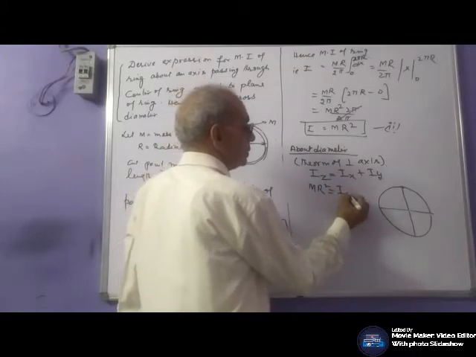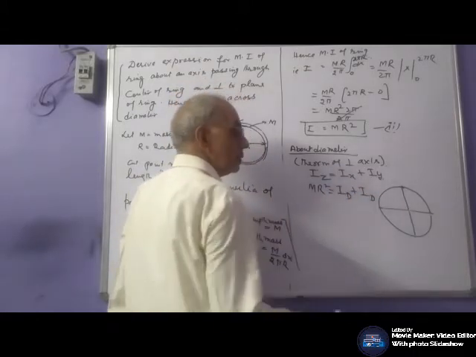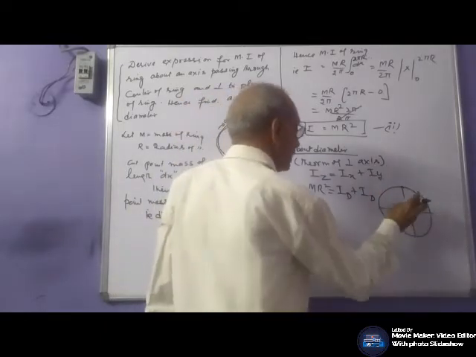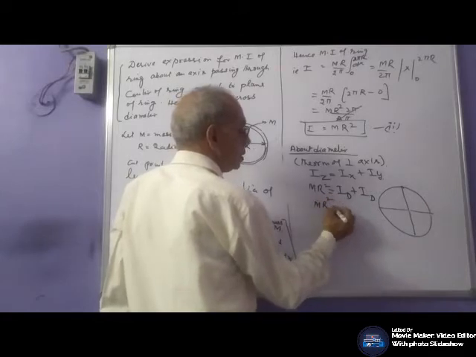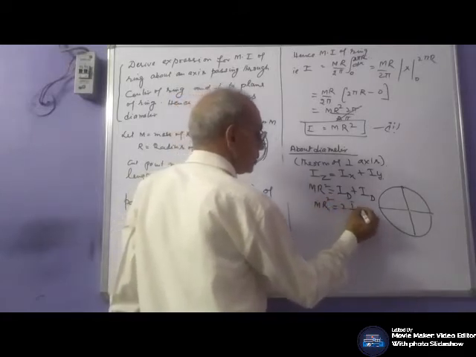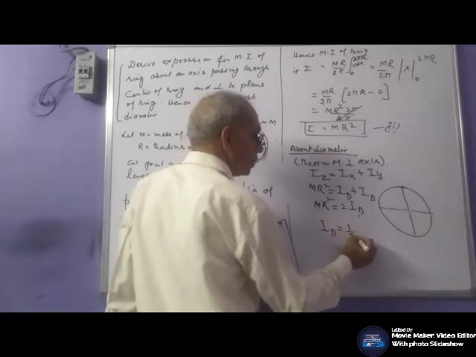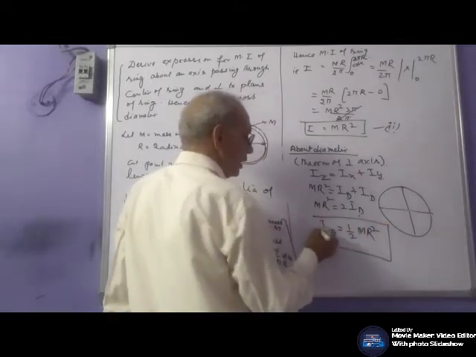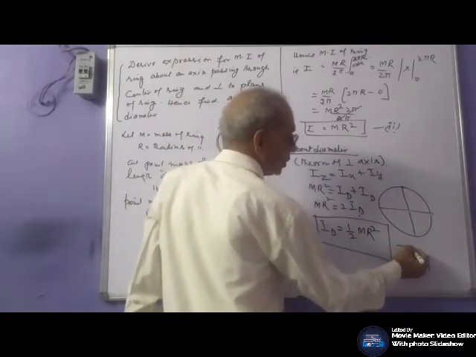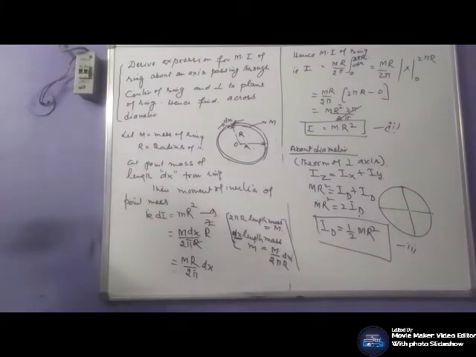IX, ID, IY, it is ID. Diameter, this was Z, so M r square equals 2 ID, and ID is half M r square. Just an idea how to find about diameter.